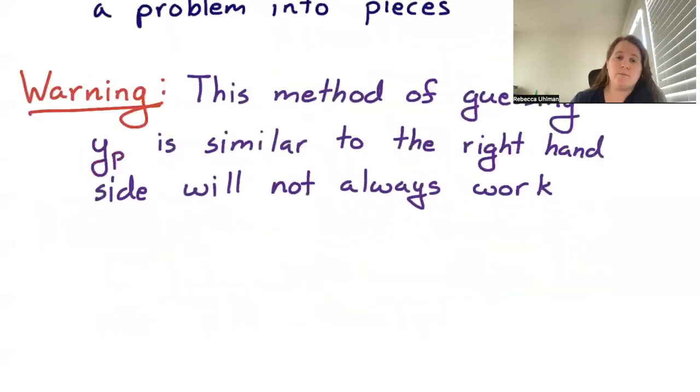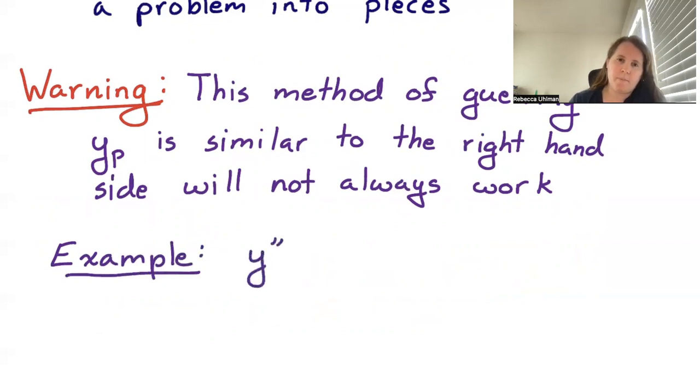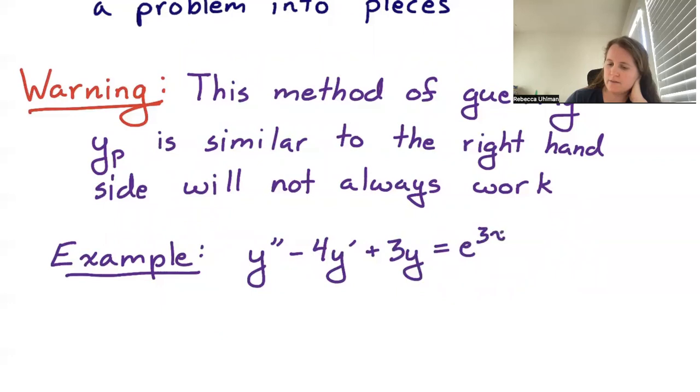So for a quick example, let's take the equation y double prime minus 4y prime plus 3y equals e to the 3x.